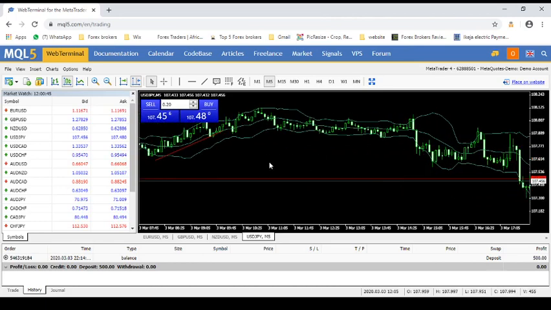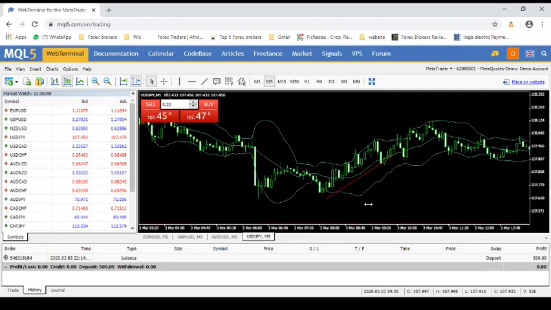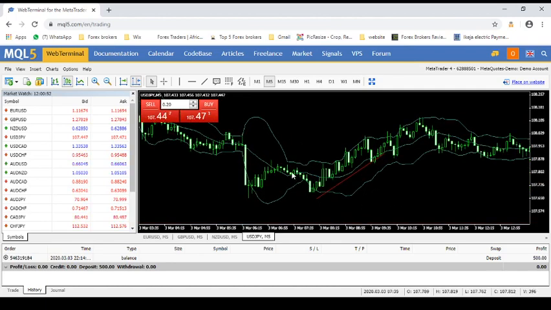So yes, this is a good example. Here the price was moving in between the upper band and the lower band, then it came down, then it broke through the lower band and it closed outside the lower band.